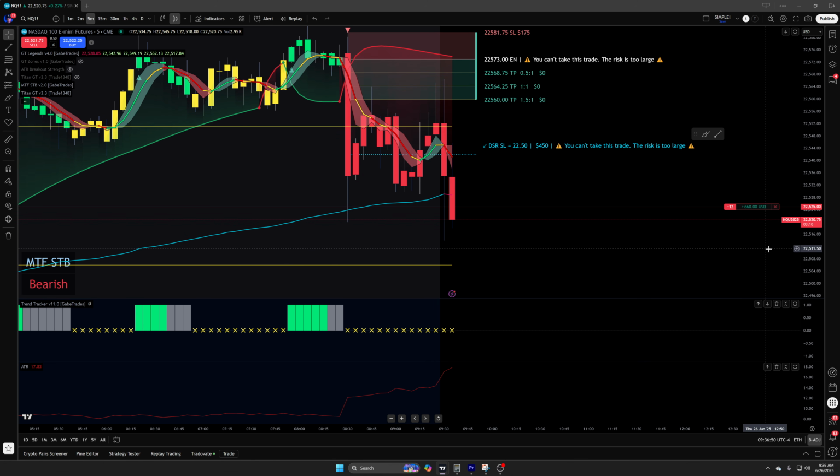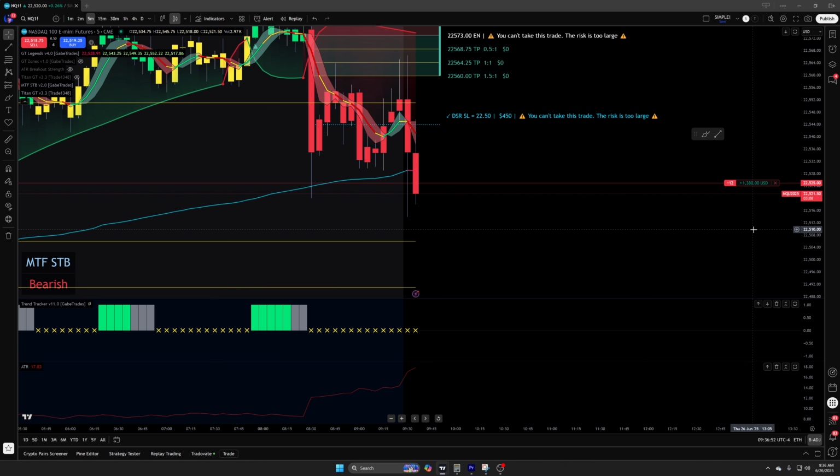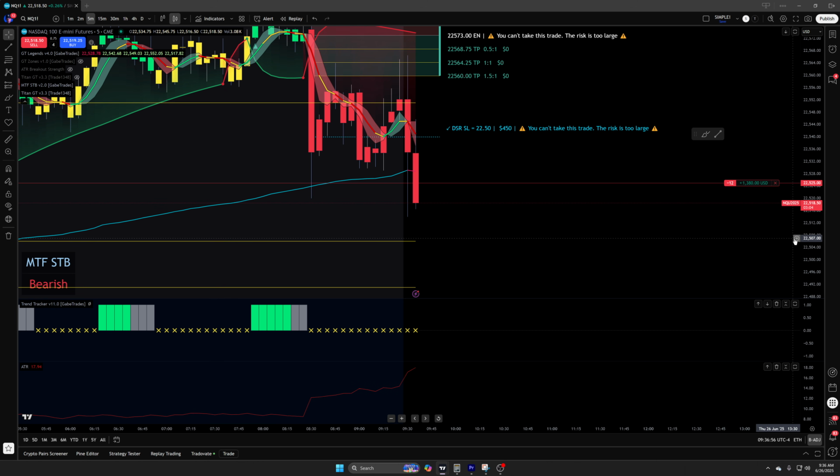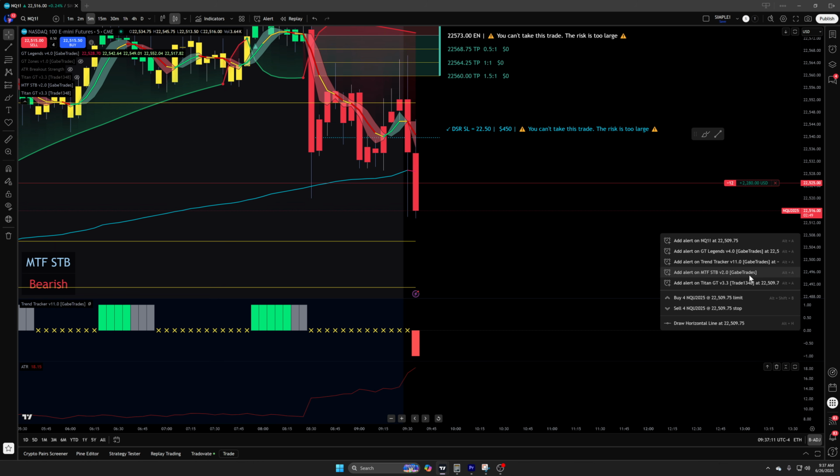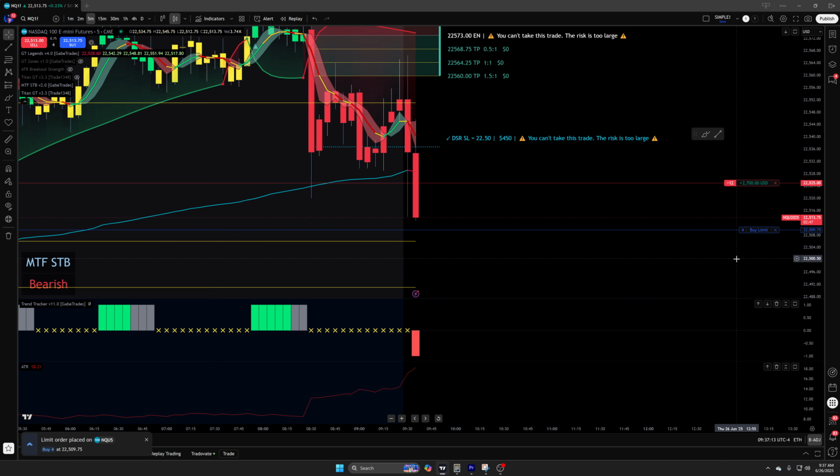Now, where do we go with this? Now, I would say there's a level here. For those who like to trade support and resistance, you have to understand that if there's congestion in this area, that means orders are getting filled. There's some profit taking there. And so what I like to do is I like to take profit just before the level.